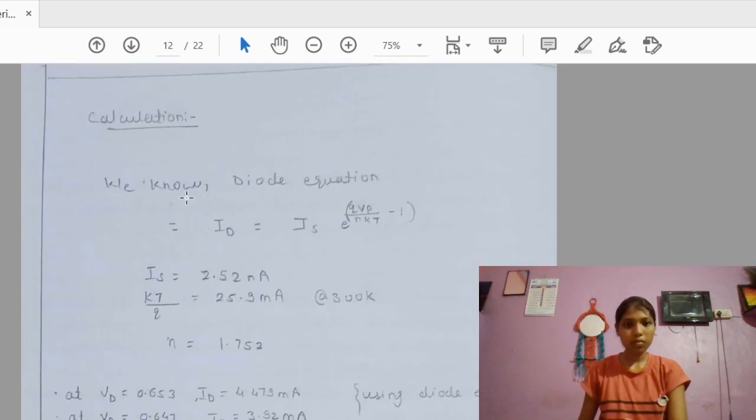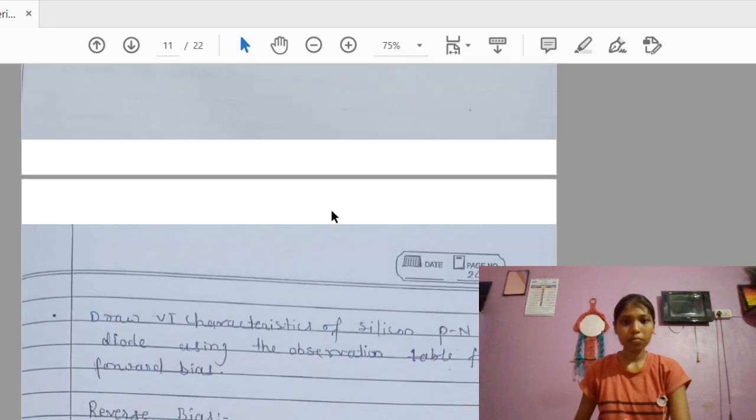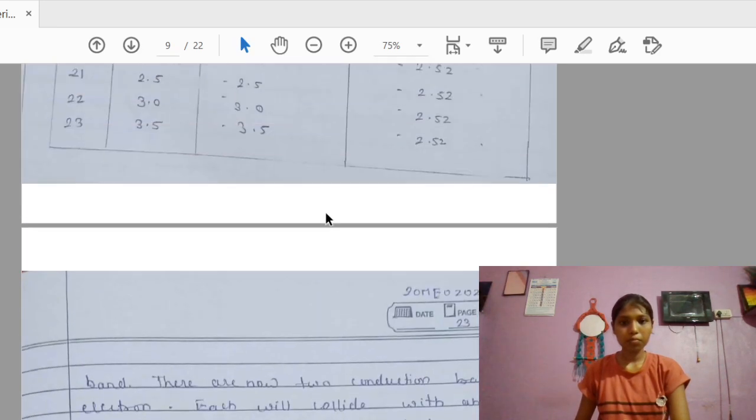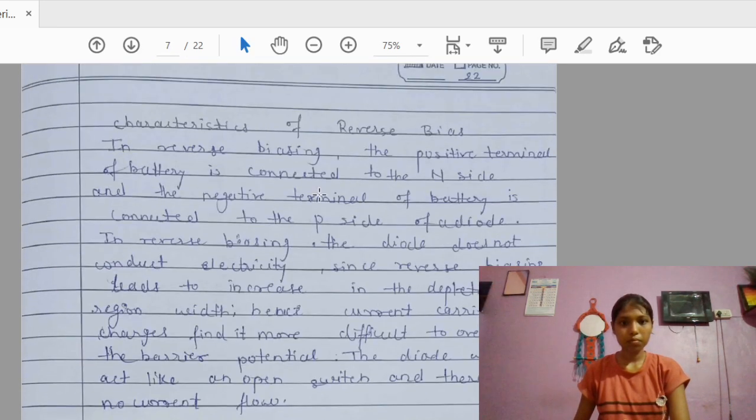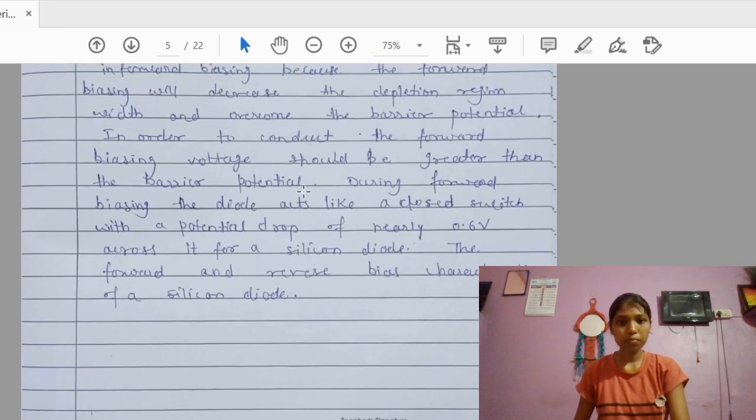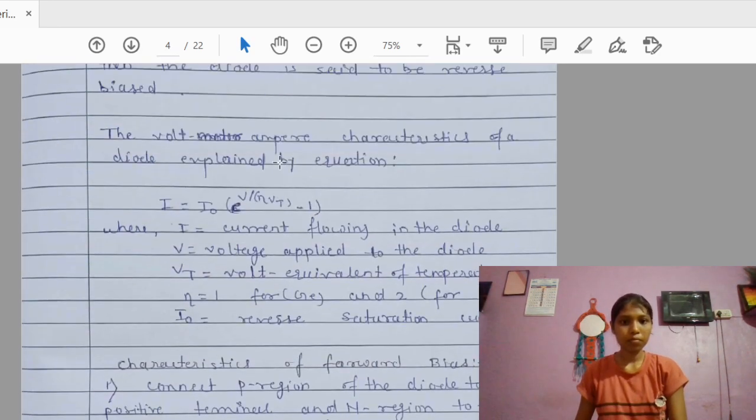Calculation for the diode equation. We know the equation. This is the diode equation: I equal to I naught, e to the power V upon nu Vt, minus 1.